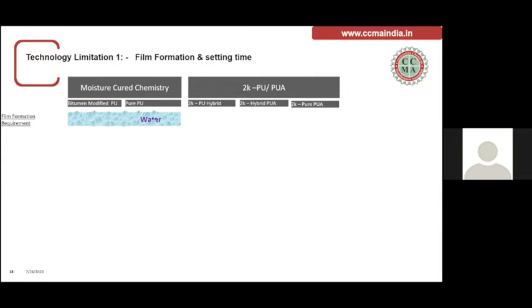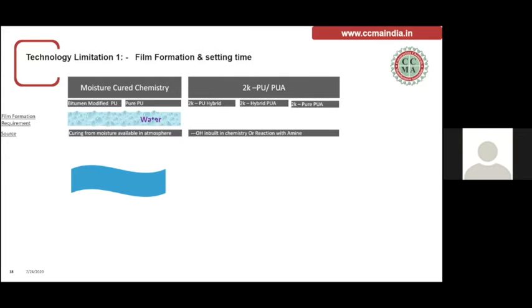Now, the single component chemistry is a good product, but one parameter that we need to understand is the moisture cured chemistry. Many of us are aware of its limitations, but for those who don't know, I would like to share them. A membrane's curing needs moisture from the air. While you lay the membrane, it takes moisture from the air and cures itself.